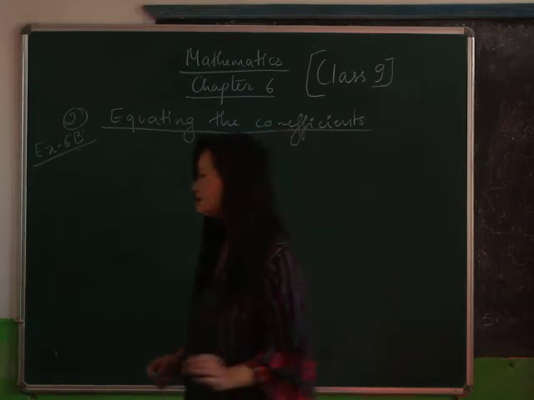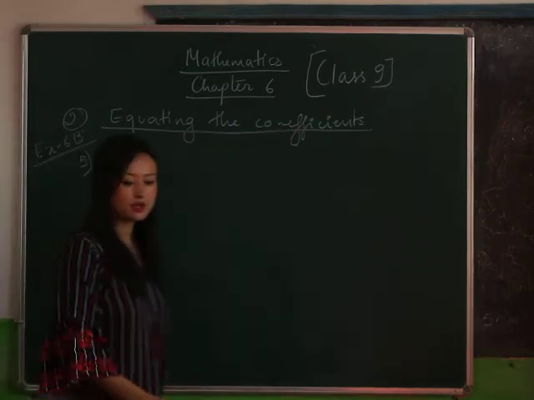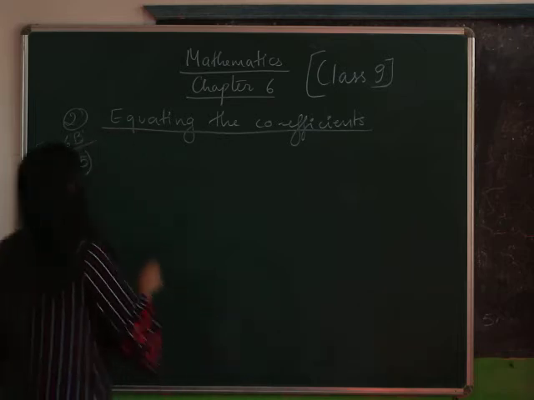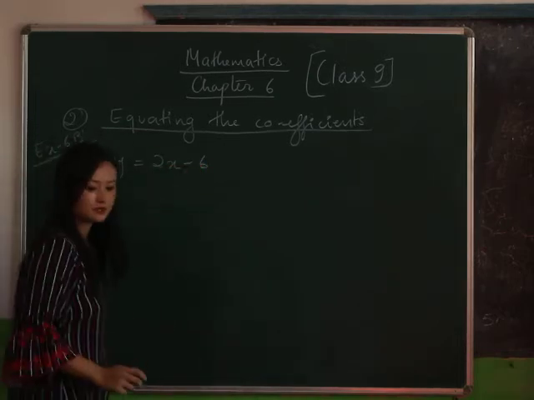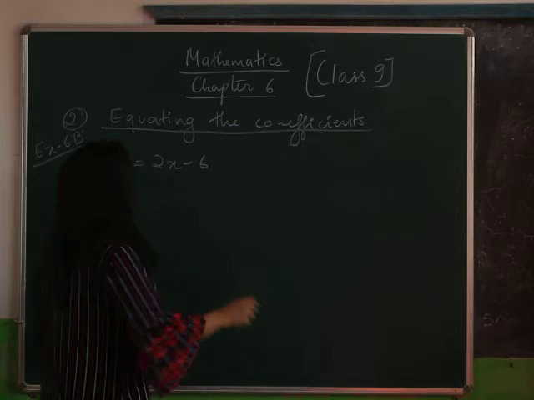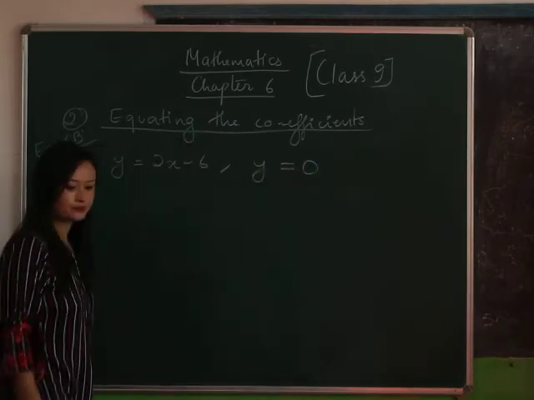So I'm doing question number 5. What do we have in question number 5? We have y is equal to 2x minus 6, and the other equation is y is equal to 0.